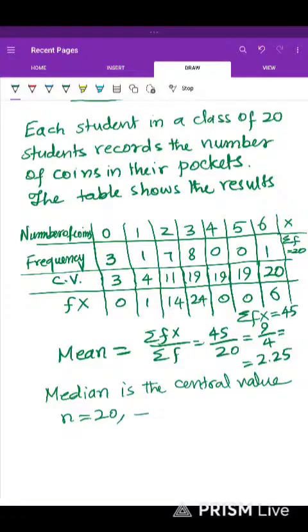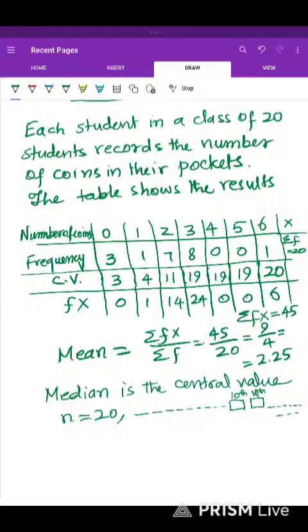Look, these are 1, 2, 3, 4, 5, 6, 7, 8, 9 values, and 10, this is the 10th, 11th, and 12, 13, 14, 15, 16, 17, 18, 19, 20.